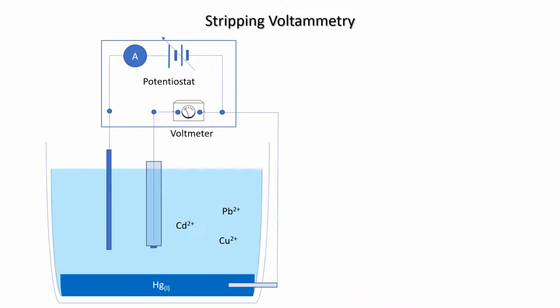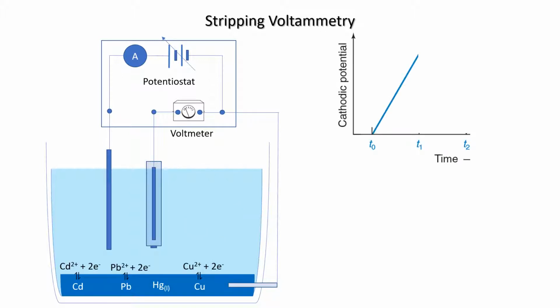Another very useful analytical voltammetry technique is stripping voltammetry. In stripping analysis, a dilute solution is concentrated into a mercury electrode by reduction to form the mercury amalgam. So the potential is swept and held at a negative potential to reduce the oxidized cadmium, lead and copper ions in the diagram into solid mercury amalgam.